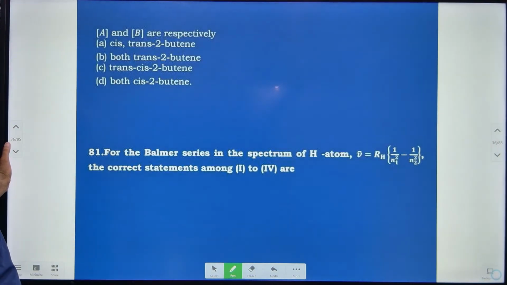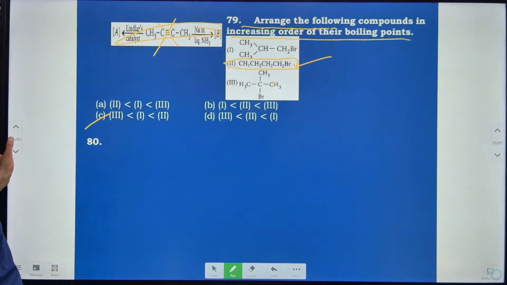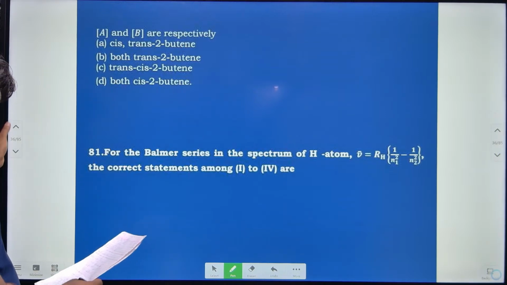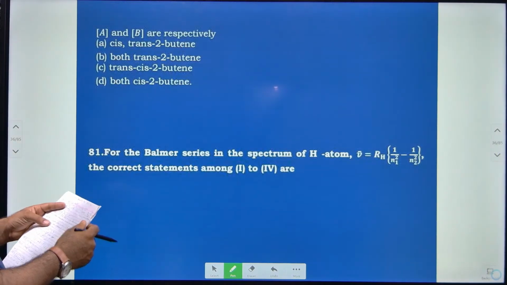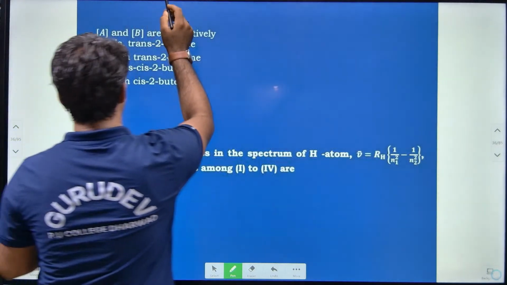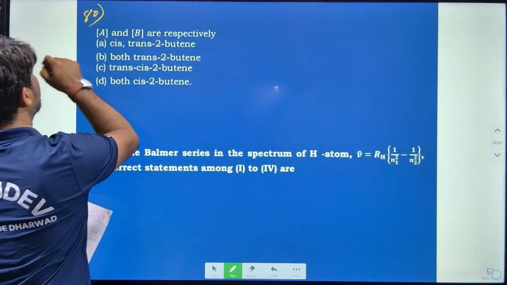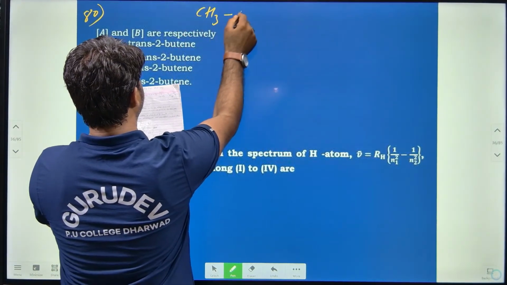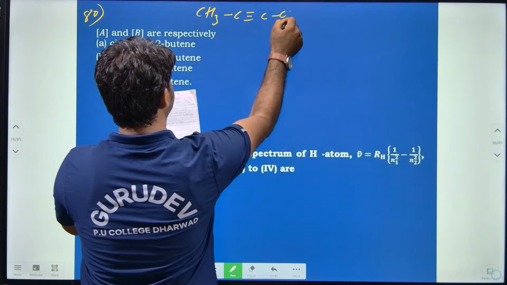Go to question number 80. In this one, we need to predict the answer. The question is missing here, so let me write the question here. That is CH3 C triple bond C CH3.